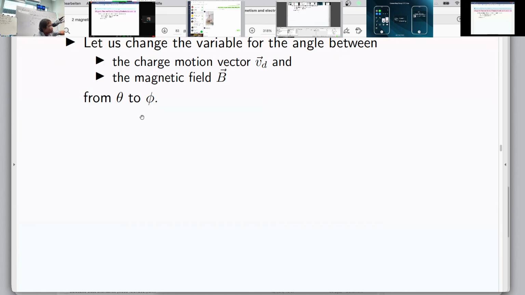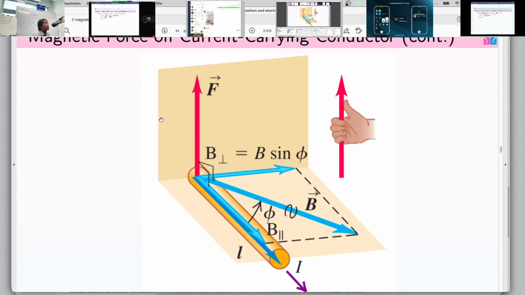In some books they use the Greek letter theta, in some books they use the Greek letter phi, but it just represents the angle between vector v and vector B, or vector L and vector B. Now we will talk about how we determine the direction of the induced force when the angle between the conductor and the magnetic field is not a right angle.